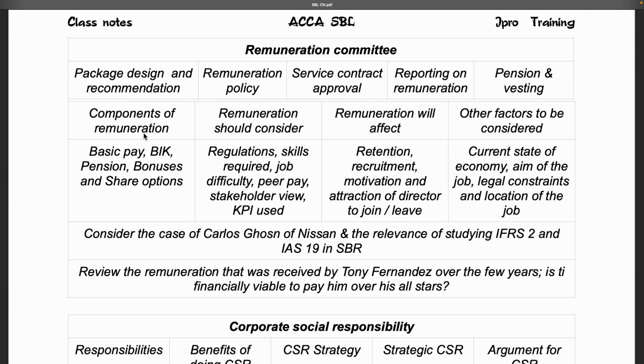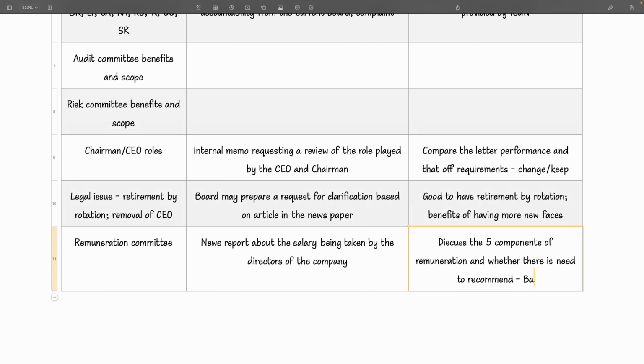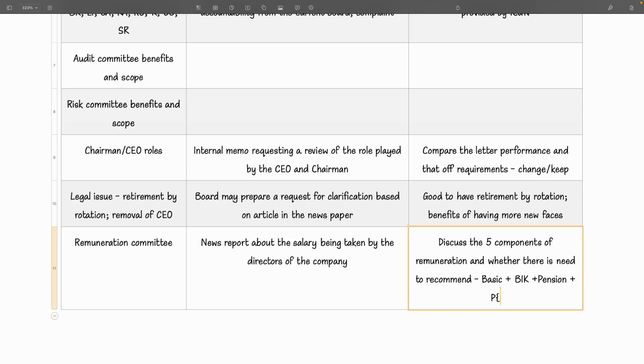Do remember, basic, BIK, pension, bonus, share option. So you've got basic pay, you've got BIK, you've got pensions, and one more you might have is something called options.